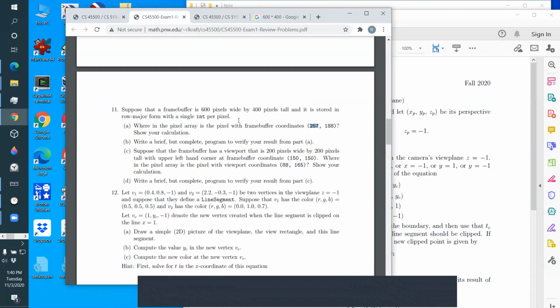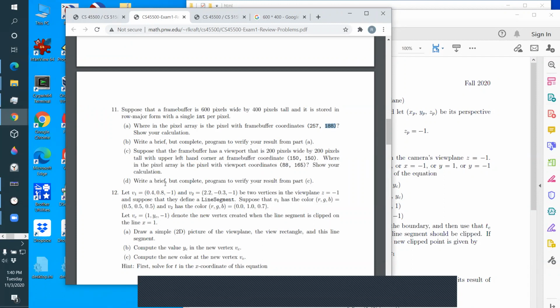Right. So that means you have to skip over 256 rows of that big. So you have to have 256 times 600. You have to skip over all those rows. So now you're at the beginning of row 257. Then you go that far into that row. So the answer would be 256 times 600 plus 188.